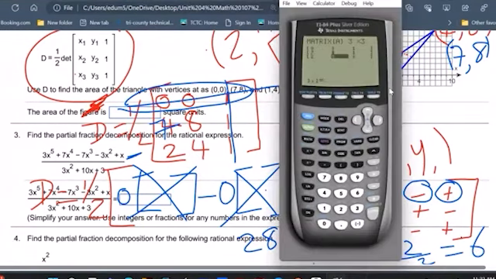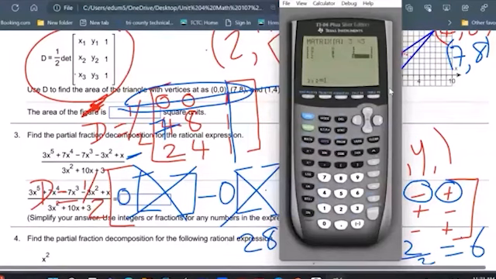So I have 2, 4, 1, and I have 4 right there. Enter. All right, I just want to make sure that I enter the matrix correctly.